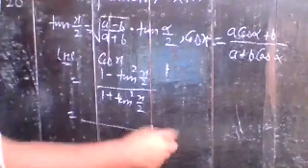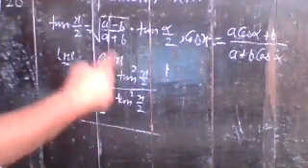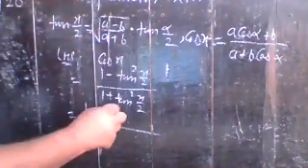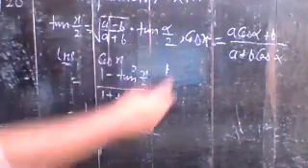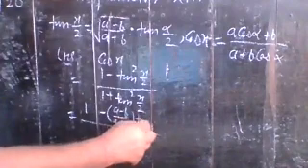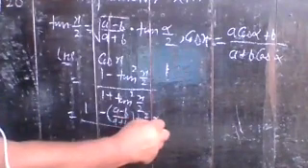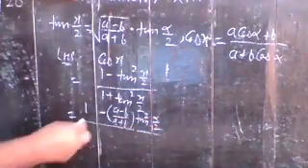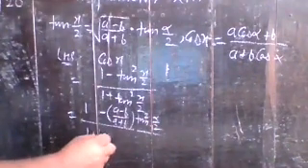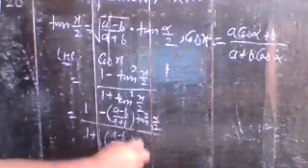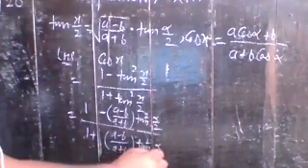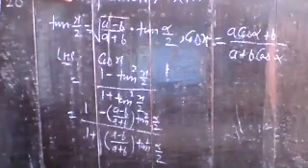So that is equal to 1 minus (a minus b upon a plus b) tan square alpha by 2, you write in this way. And in the denominator, you have 1 plus (a minus b upon a plus b) tan square alpha by 2, you write in this way.